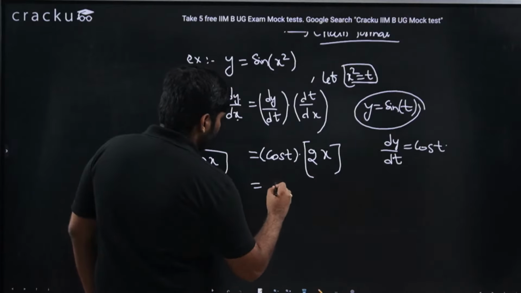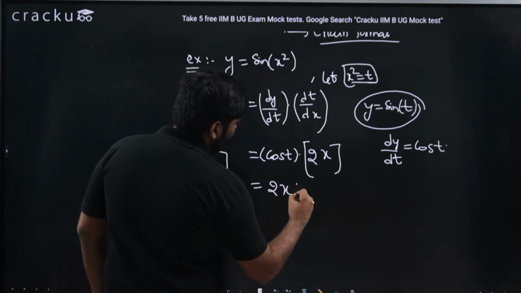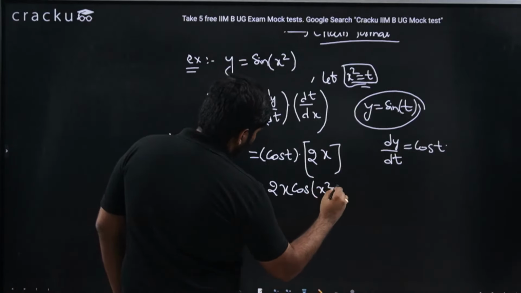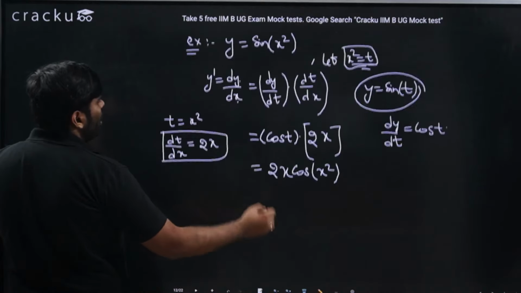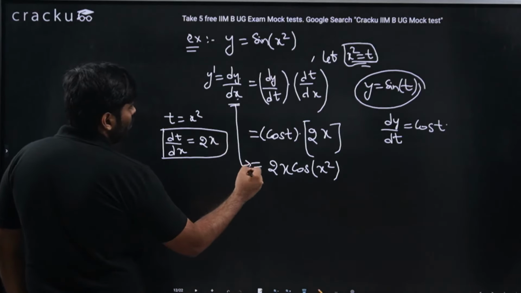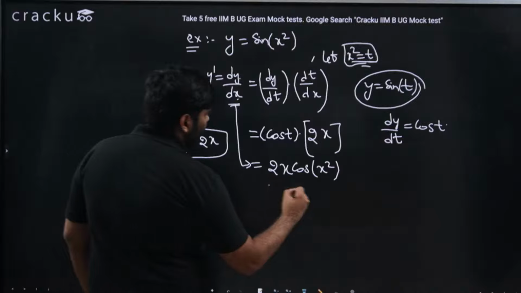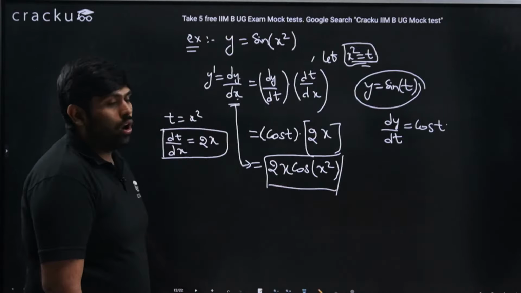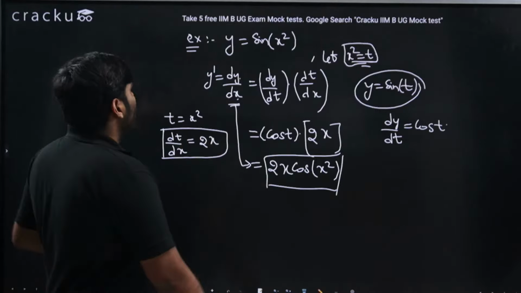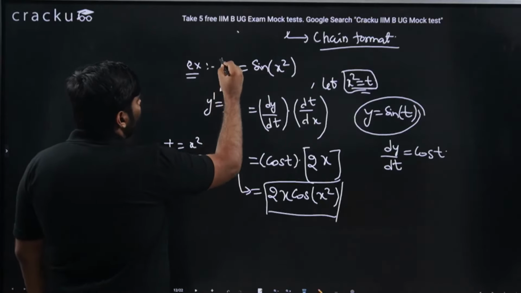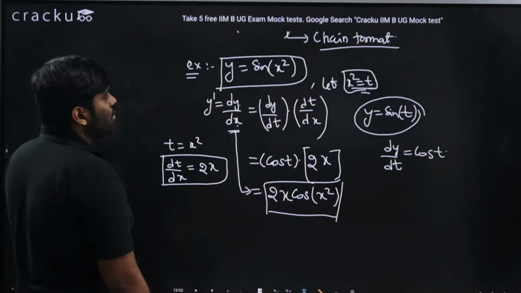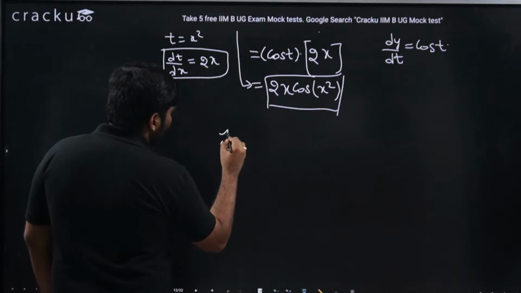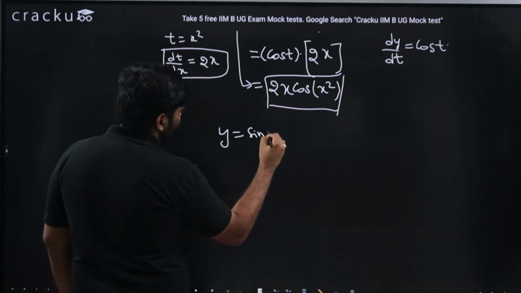Now this can be written as 2x cos t, but instead of writing t, I would directly write x square. So ultimately we got dy by dx equal to 2x into cos of x square. What did we ultimately do? We were given the function y equals sine of x square.